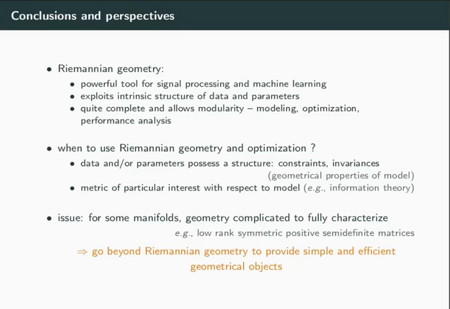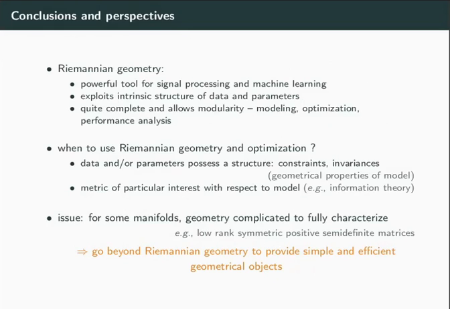And then the question is when to use Riemannian geometry in optimization. It's very useful when data or parameters have a structure, and also when there is a metric that is particularly interesting for the model, for example, the Fisher information metric in information theory.